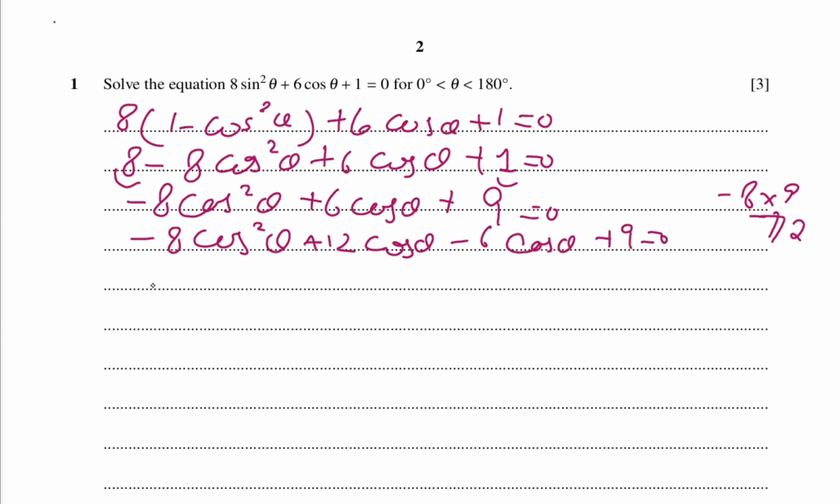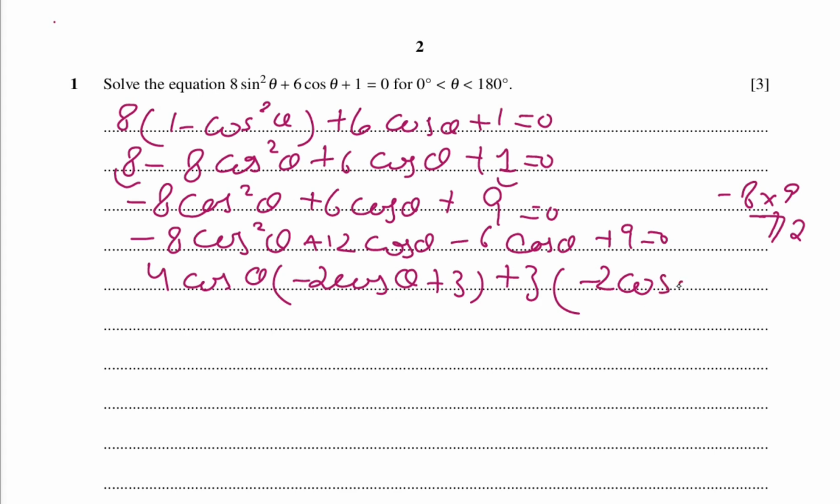When we take common, it will become 4 cos θ minus 2 cos θ plus 3, then plus 3 will be taken common and it will become −3 cos θ plus 3, equal to 0. So the first factor is 4 cos θ + 3 = 0, and the second is −2 cos θ + 3 = 0.